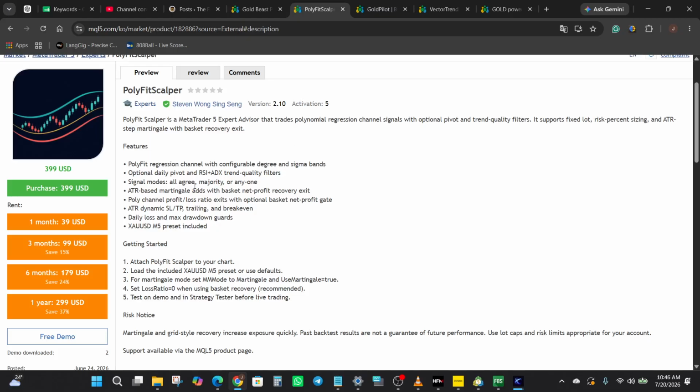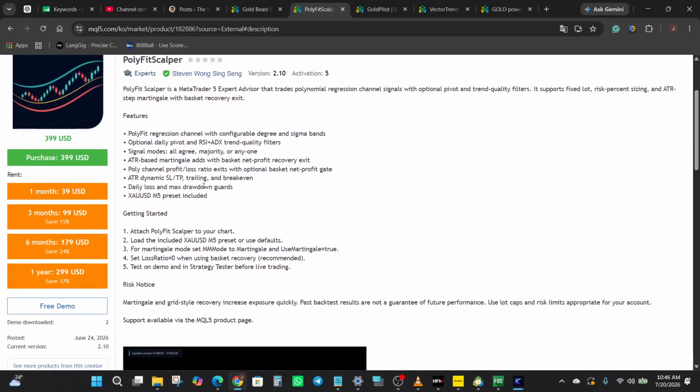Now, going through the features, the regression channel has a configurable degree and sigma bandwidth with optional daily pivot and RSI plus ADX trend quality filters. Signal combination can require all filters to agree, a majority, or just anyone.